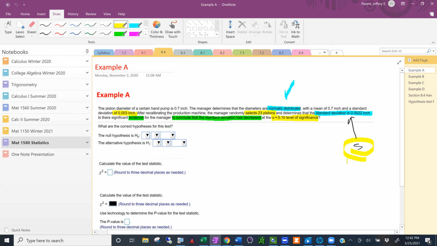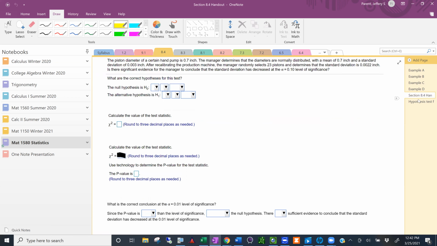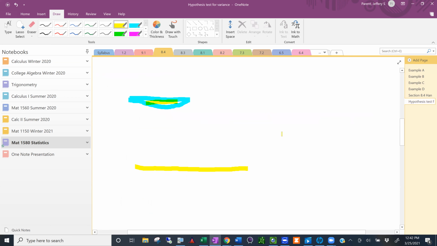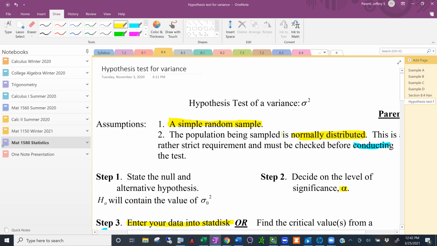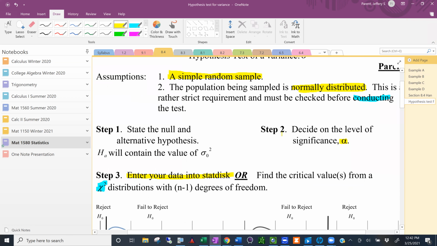Let's refresh our memory as to all of what we need. The first thing that we need is to figure out the null and alternative hypothesis. That's not necessarily very easy for this one, because there's just a lot of numbers and we have to think carefully about what's what.